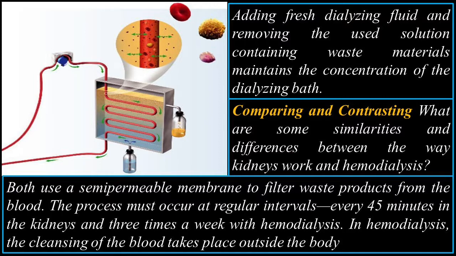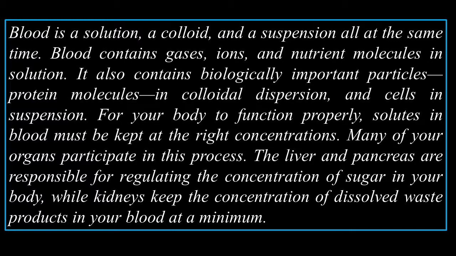In hemodialysis, the cleansing of the blood takes place outside the body. So there are similarities and differences. And you can only do this for so long because it's just such a trauma on the body, because the human body, again, filters it every 45 minutes, where you're taking much longer if you're doing hemodialysis.